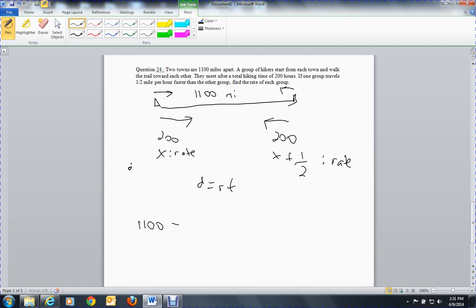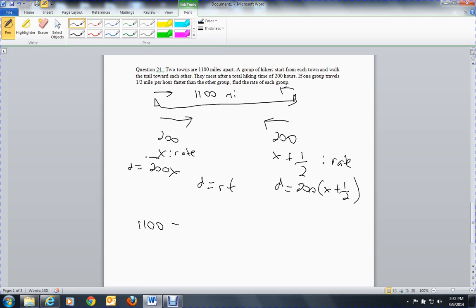So what that means is that the distance that group A went, using rate times time, is X times 200, or 200X, and then the distance that B went is 200 times (X plus 1/2).